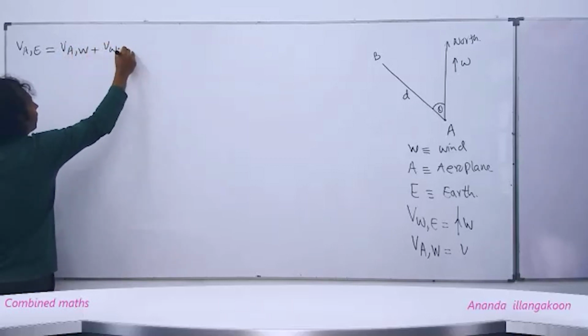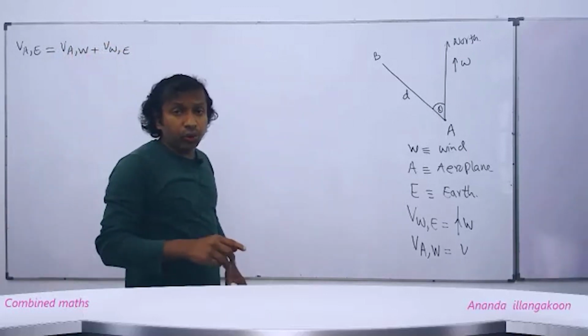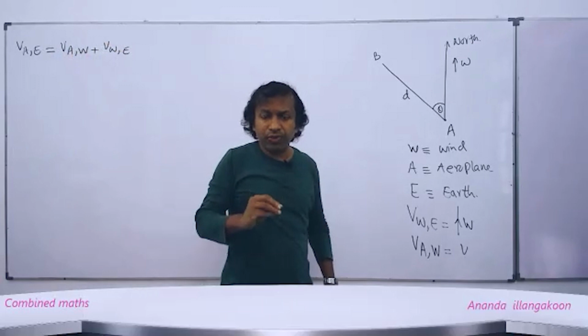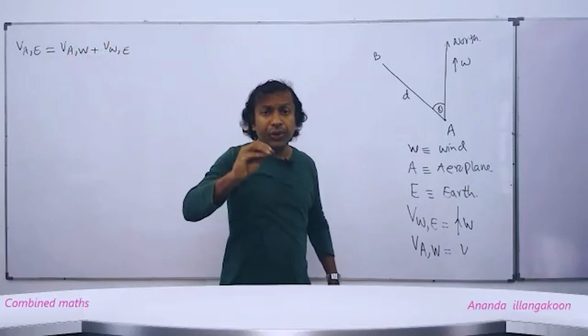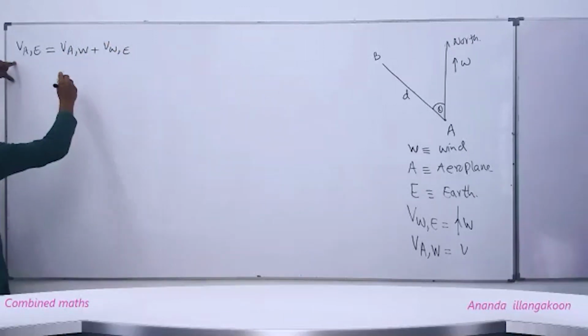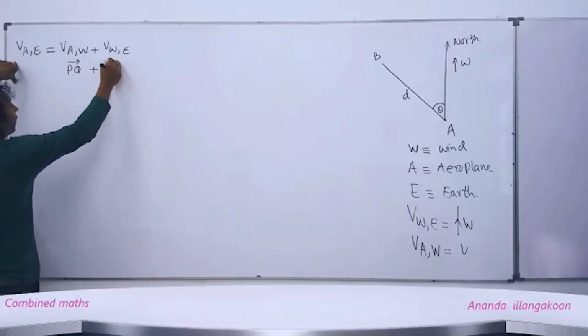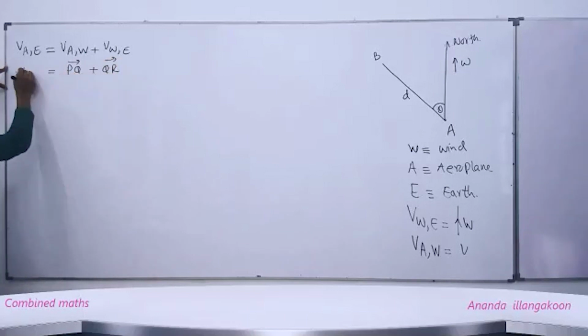People can remember, soon after writing the principle of relative velocity, I told you something to do. For every velocity, you have to write what? Vector. So I'm going to take this as PQ and this one as QR. Therefore, their sum is given by PR, like this.